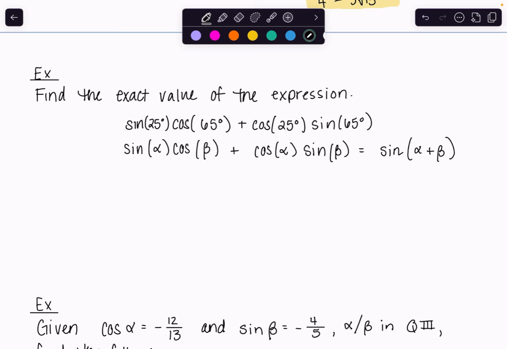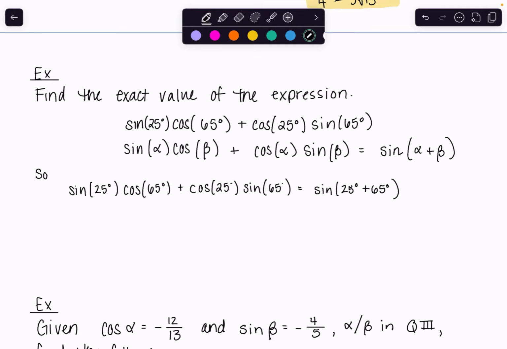This is sine of alpha plus beta. So when I'm taking sine of 25 degrees, cosine of 65 degrees, and adding then the flip, cosine of 25, sine of 65, it really condenses as sine of 25 degrees plus 65 degrees.